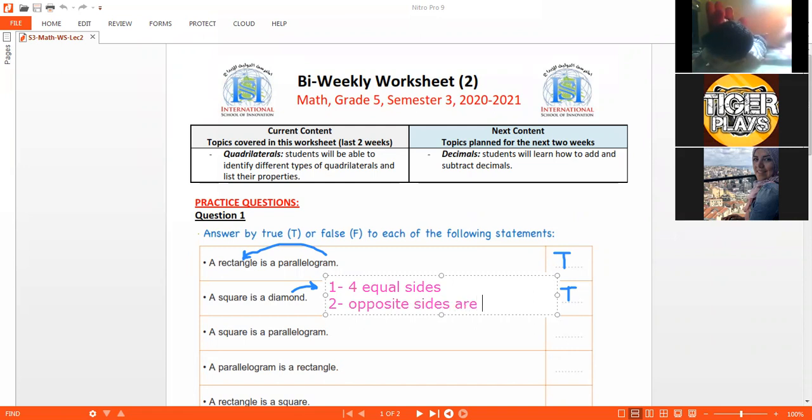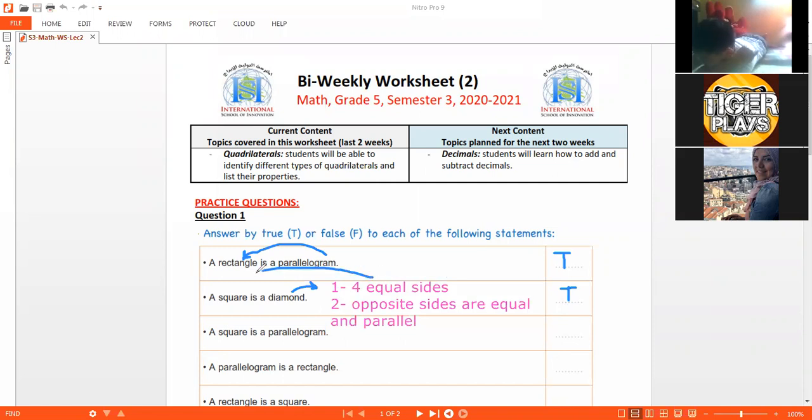So, are these two properties found in the square? Does the square have 4 equal sides? Yes. Does the square have opposite sides equal and parallel? Yes. That's why we can say that a square is a diamond. Very good, Majid. Excellent.